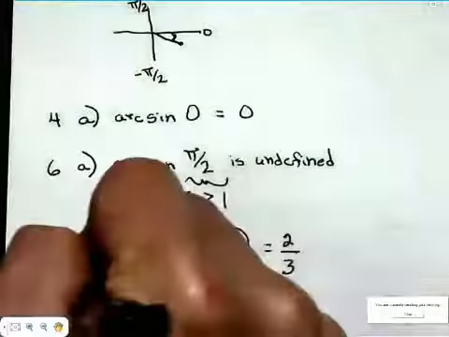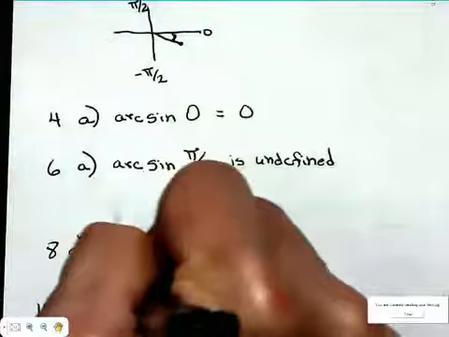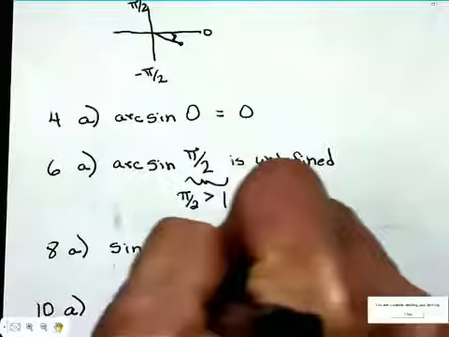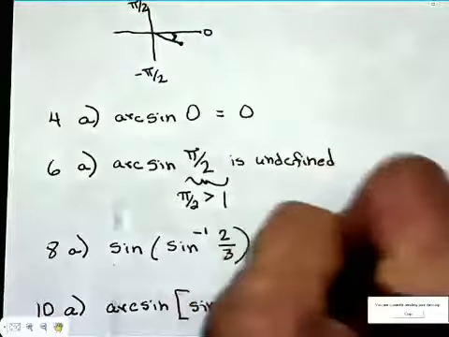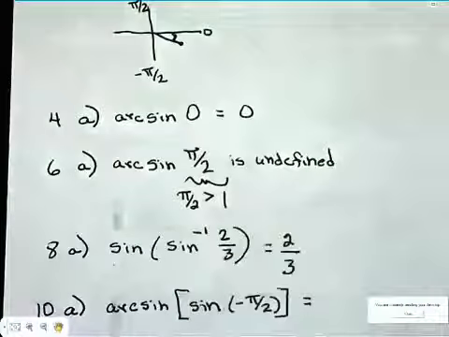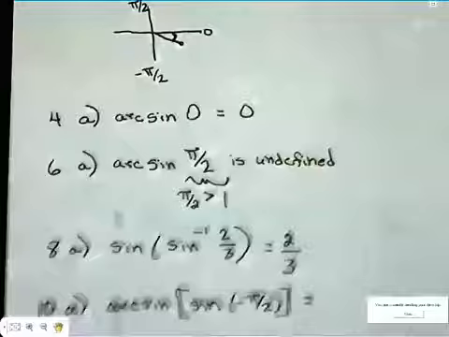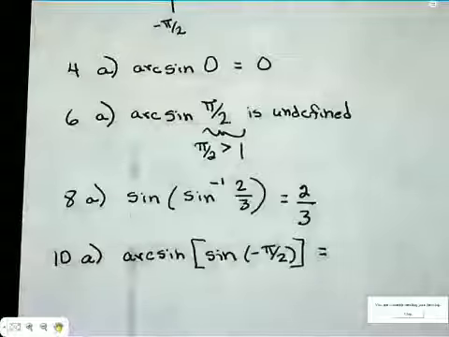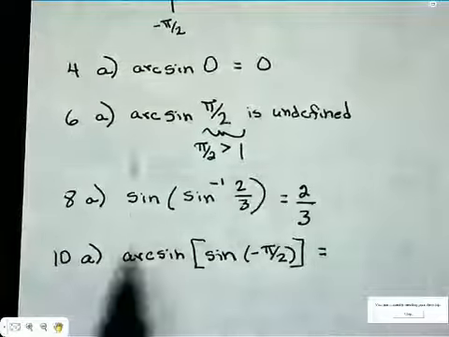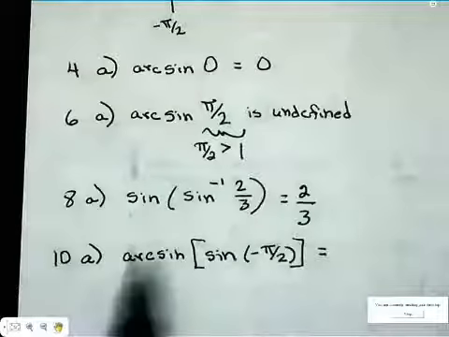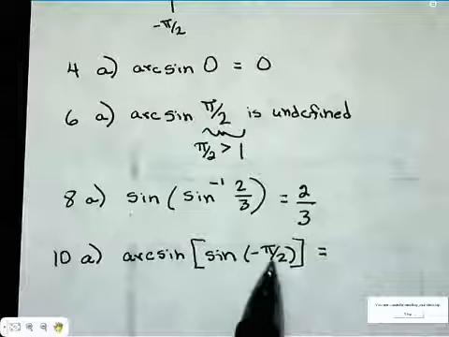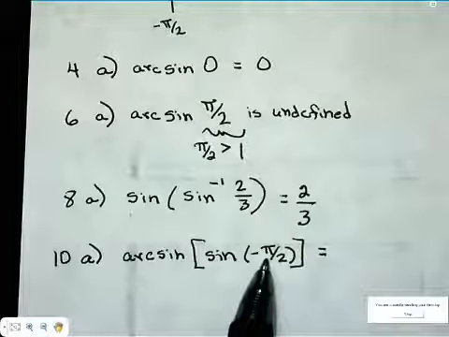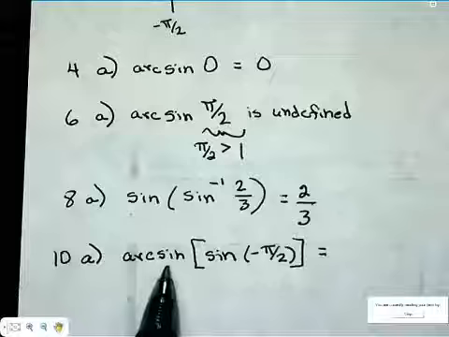10a. Arc sine of sine of -π/2. To say that arc sine and sine undo each other and just leave you the argument, it has to be an answer that arc sine can actually give you.